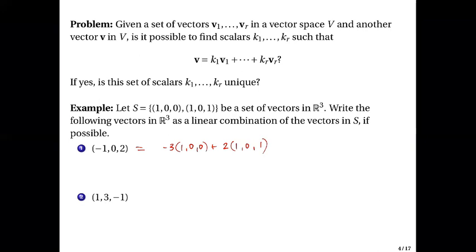Which means that this 3 here cannot be obtained using any scalar multiple or sum or combination of these two vectors. Which means there will be no combination possible using these two vectors.